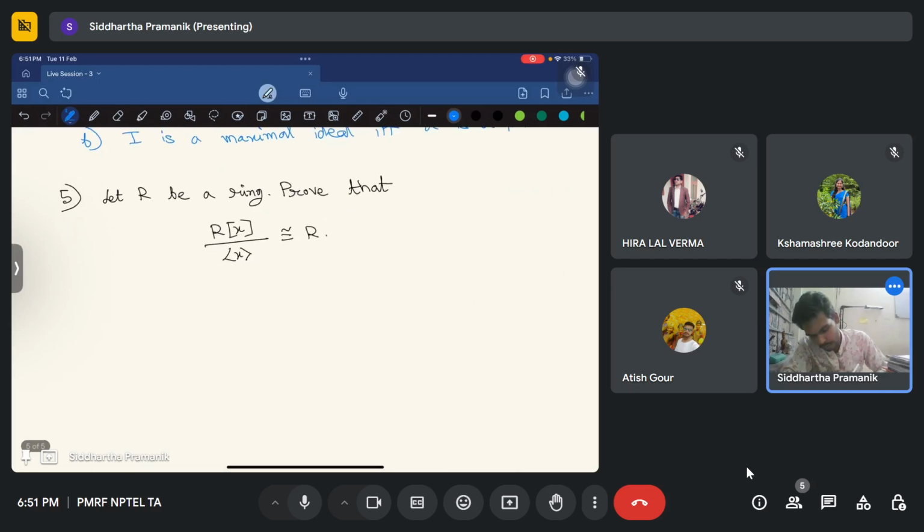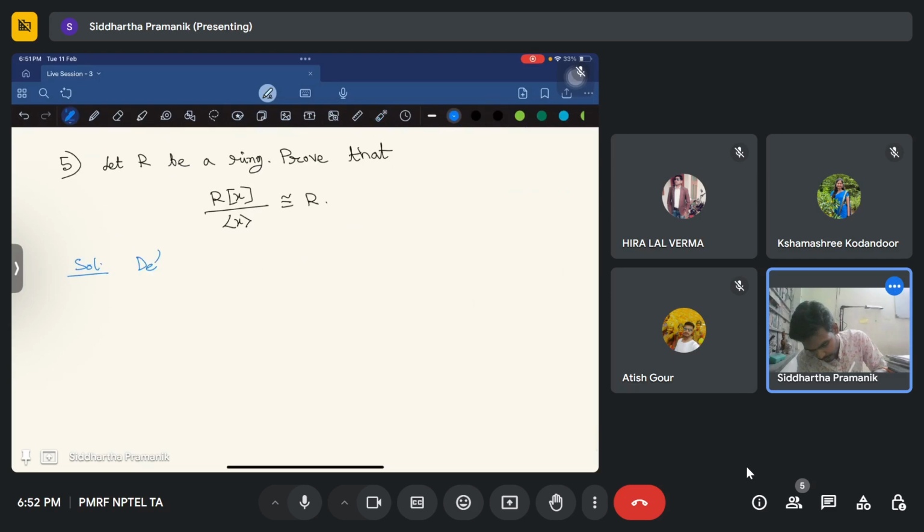So let's write the proof. Again I will use the first isomorphism theorem. I need to define a map from R[x] to R such that it will be a surjective homomorphism and the kernel will be the ideal generated by x.